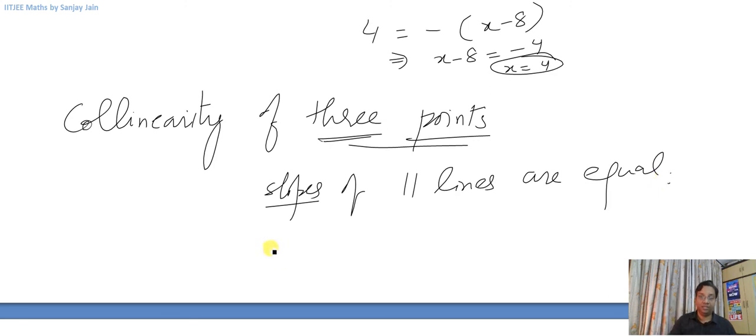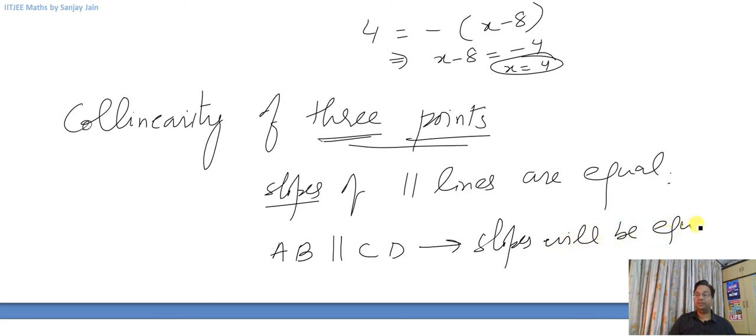What I mean to say is, if let us say AB and CD are parallel to each other, then their slopes will be equal. Now consider a situation where AB and BC are given to you. So these two lines AB and BC have got equal slopes.